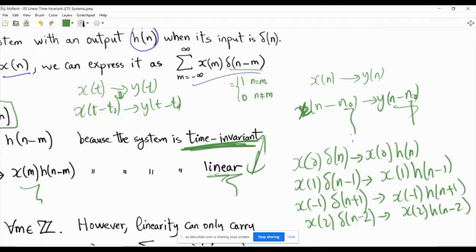Now the system is linear, right? So for a linear system, its definition is based on a linear combination of two inputs. You can use something like induction and show that if you have a linear combination of any finite number of inputs, then you will get the same linear combination of the respective outputs.